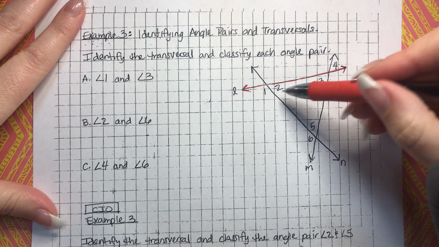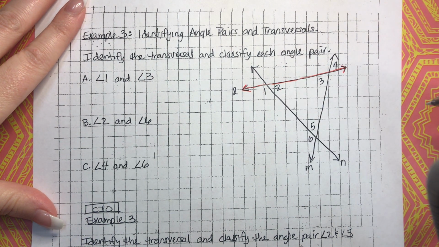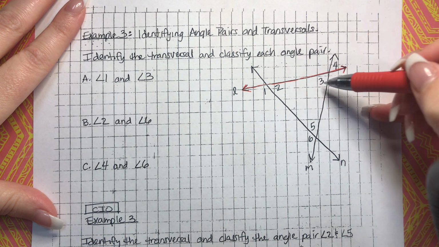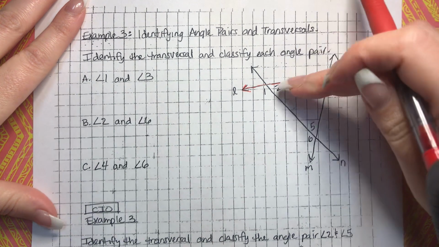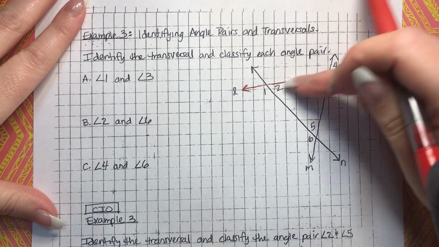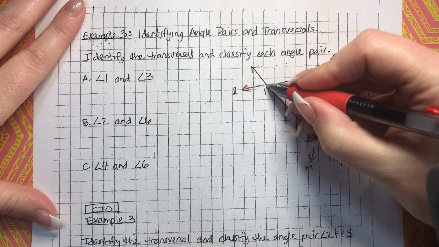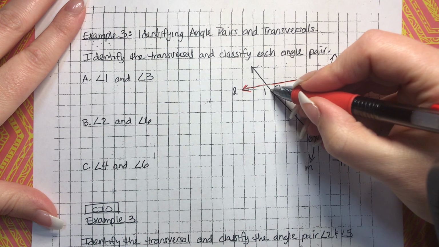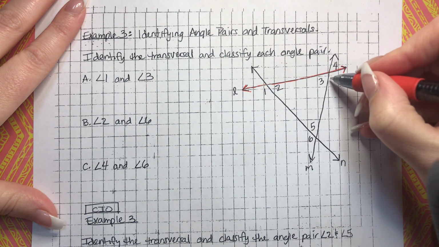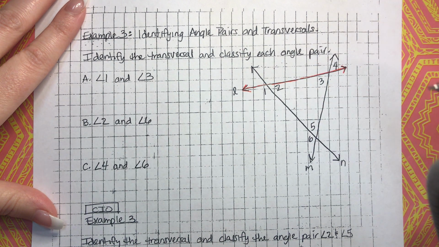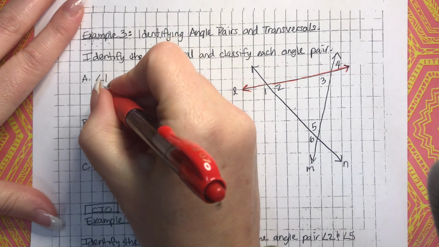So basically our two options for 1 and 3 are corresponding angles and same side interior angles. Well, they're not in between the lines, they're not on the inside. If you look here, angle 1 is on the left side of this line, and angle 3 is on the left side of this line. So 1 and 3 actually end up being corresponding angles.